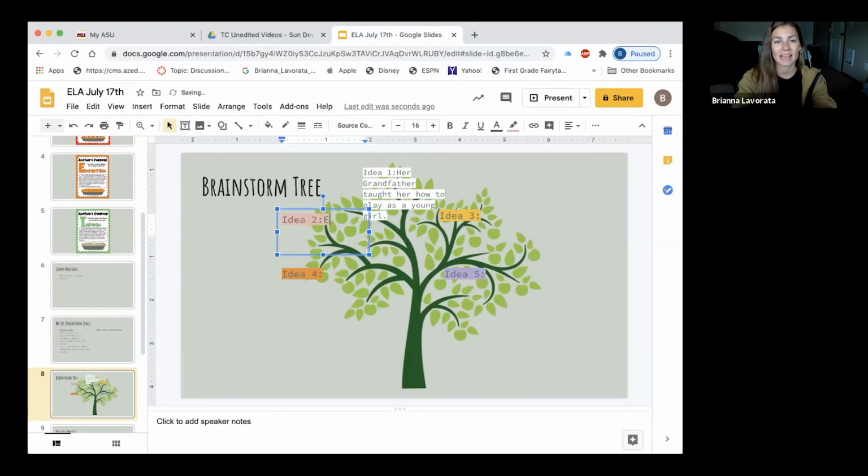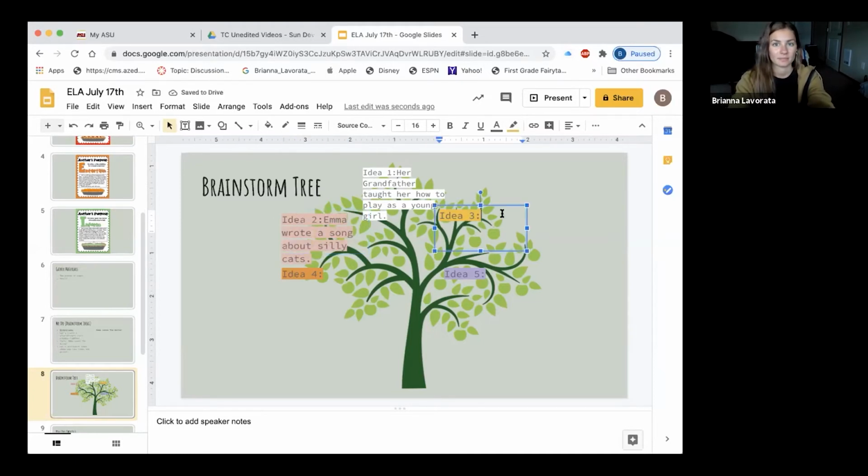So we can say Emma wrote a song about silly cats. We can say for idea number 3 that cats are her favorite pet and make her happy. We can say and make her laugh.